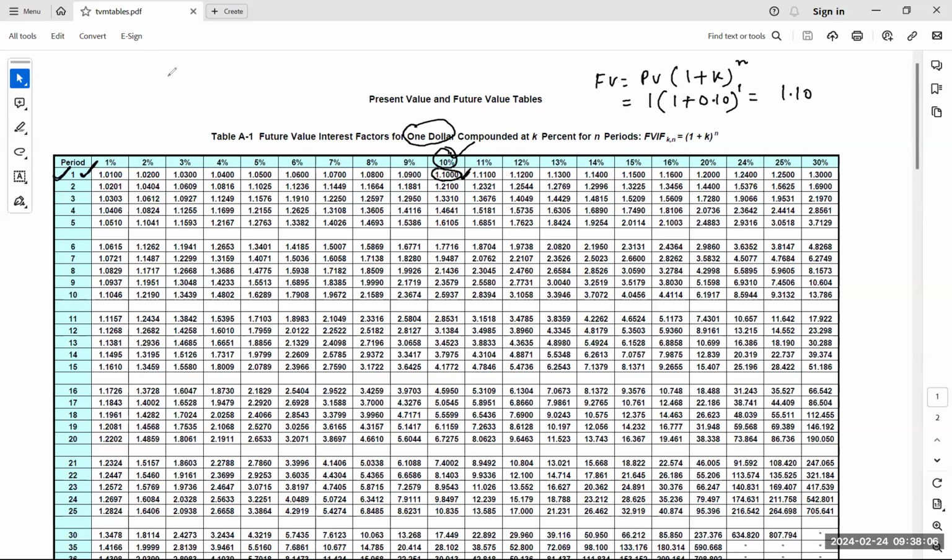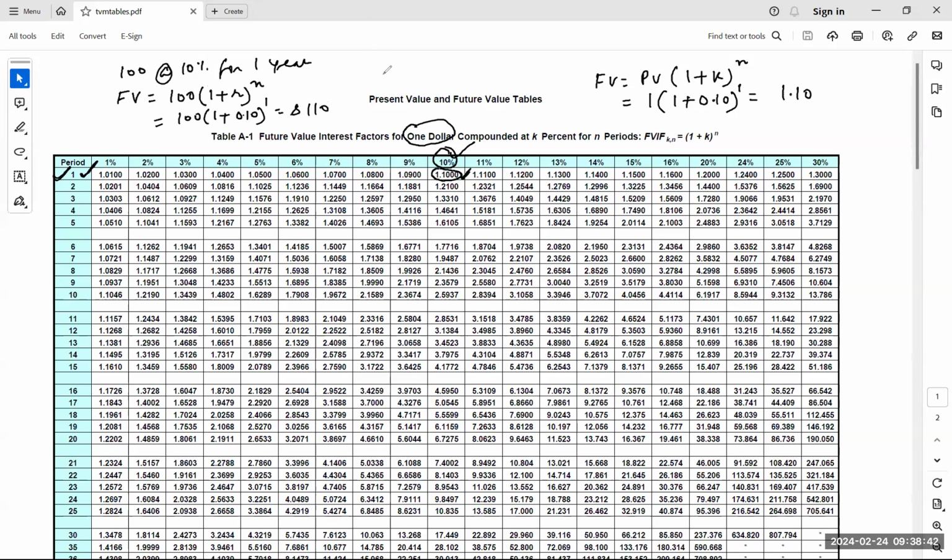So if I'm asking you, if you have $100 to invest at the rate of 10% for 1 year, what will be your ending amount? So I'm asking you basically to calculate the future value, and you will say, I have $100, that's my present value, and I need to multiply this by 1 plus R to the power of N, right? So we can calculate manually. We can say 1 plus 0.10 to the power of 1. So that's $110.